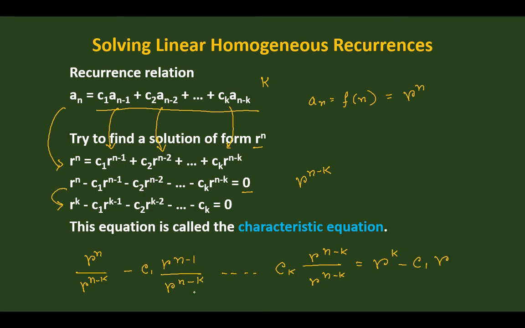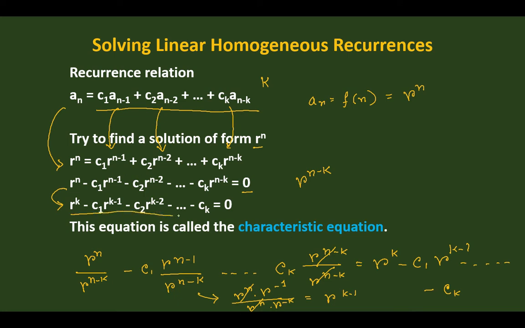I'm just going to show you for your convenience. r to the power n into r to the power minus 1, and then r to the power n into r to the power minus k. So this will be cut out and it would be simply r to the power k minus 1. It will continue like this till it would be ck only, because these are resulting in 1.